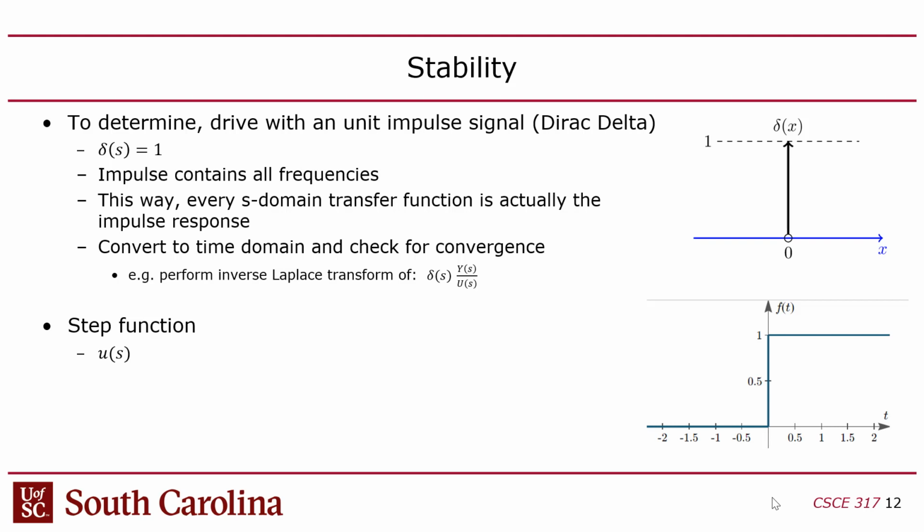Generally it's 1, but it's 1 just at 0, and everywhere else it's 0. Does that make sense? So the impulse contains all the frequencies, and then of course I mentioned there's a step function which is similar to that as well. But we'll just use the impulse.